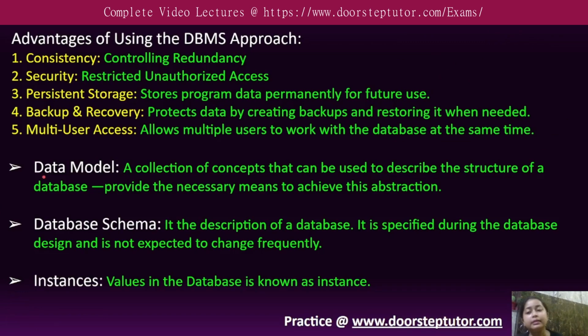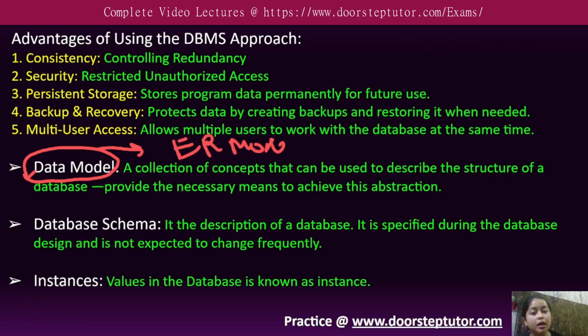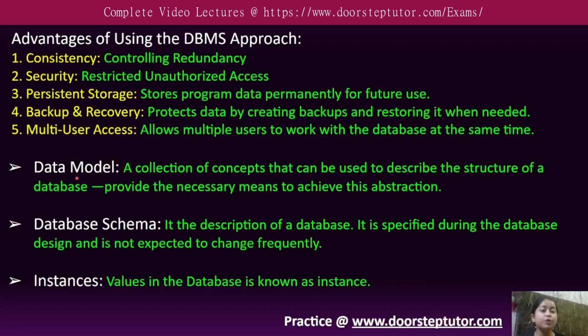There are different kinds of data models, for example the ER model and the relational model. This concept we will study in detail in later lectures. So for now, just understand that data models are the representation method to describe the structure of your database.